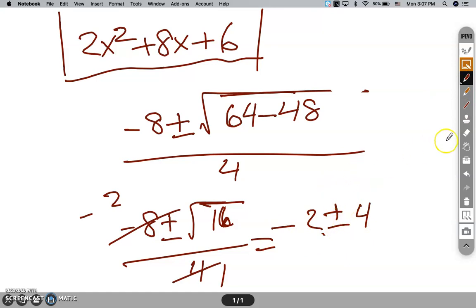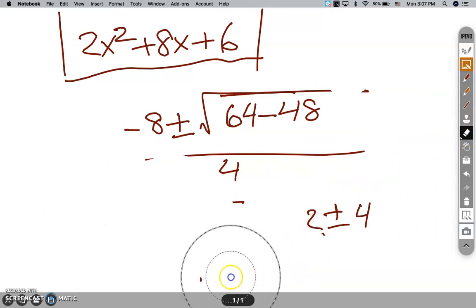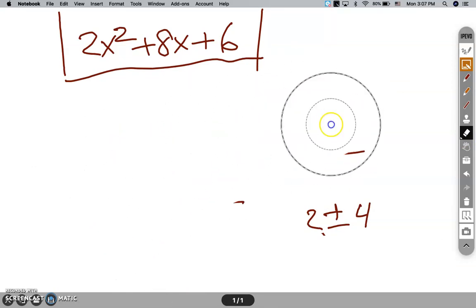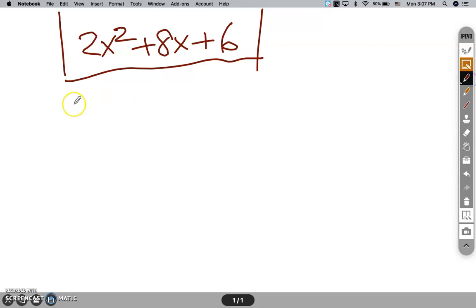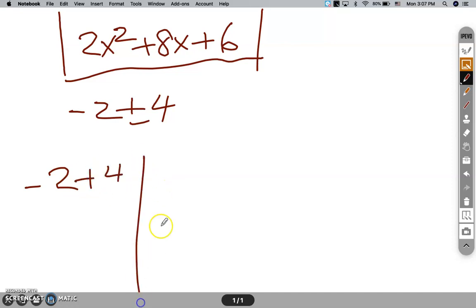Okay? So now, what's my next step, you might be wondering. Your next step is you're just going to split this into 2 equations. So you have negative 2 plus or minus 4, right? So that means you can do negative 2 plus 4, and then you're going to do negative 2 minus 4, because I have a plus and minus, so you have to do both.